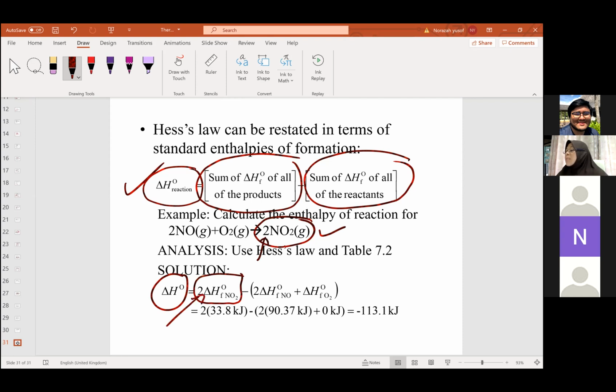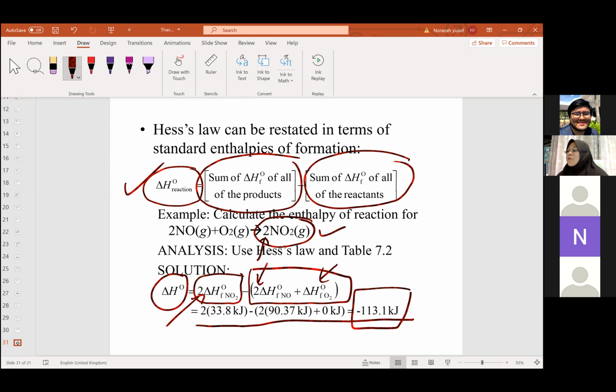Minus the sum of delta H naught of the reactants. So we have 2 nitrogen monoxide, so remember the 2, and 1 oxygen. So we can just put everything here, then we can get the total delta H naught for this reaction. So that is how we use Hess law.